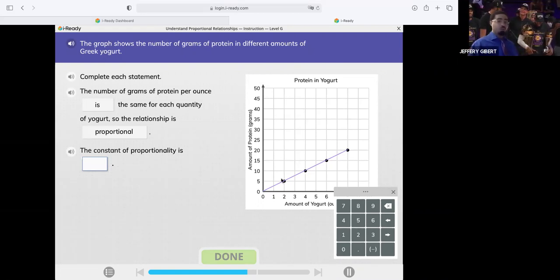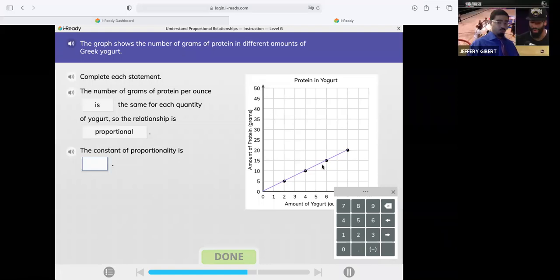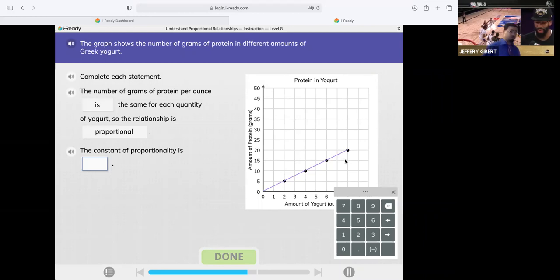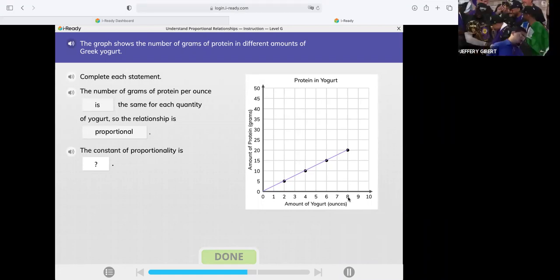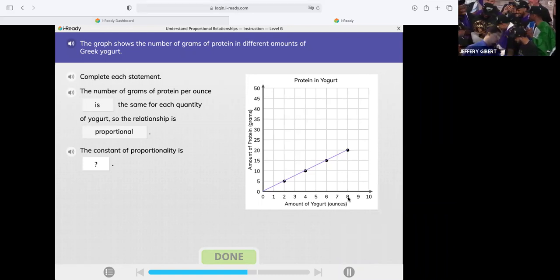It doesn't matter which point. You can pick this one, this one, this one, or this one, and do the y divided by the x. If you do the last one, the first number is 20 and the second number is 8. So you got to do 20 divided by 8.